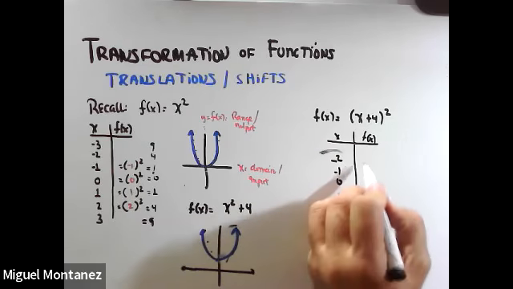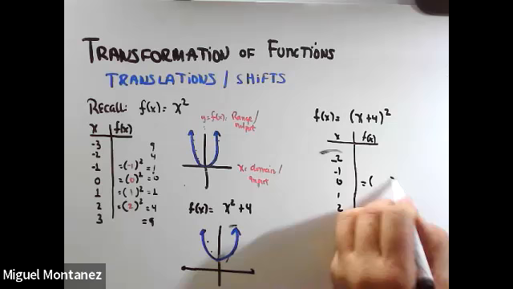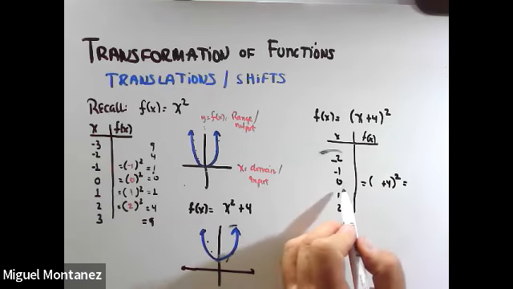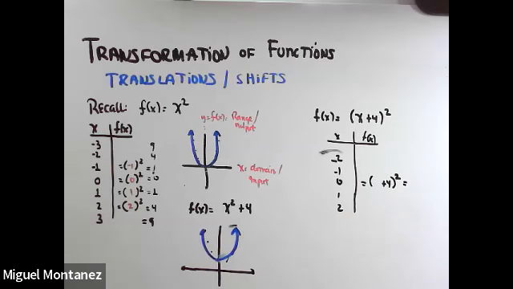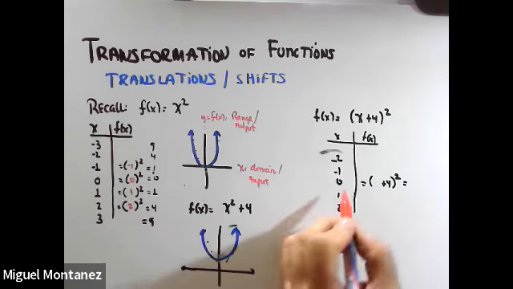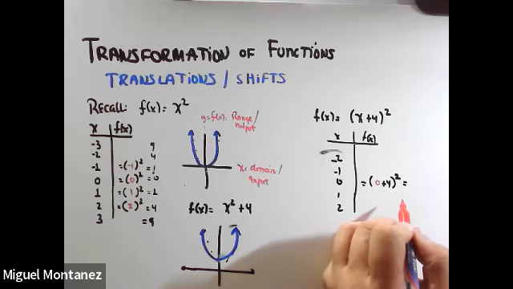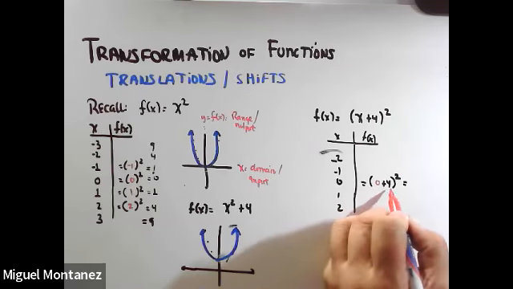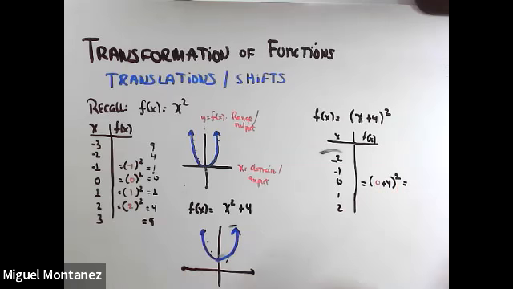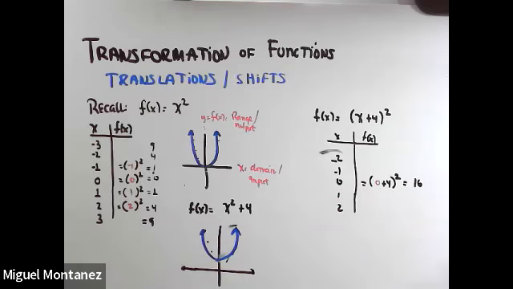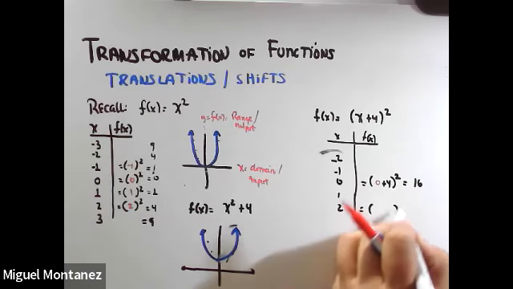So what do I have here? This is going to be equal to parentheses x plus 4, squared. Notice that when the 0 comes in as input, we add 0 to the 4, and then we square. So 4 squared will be, of course, 16. Just keep going, when x equals 2.